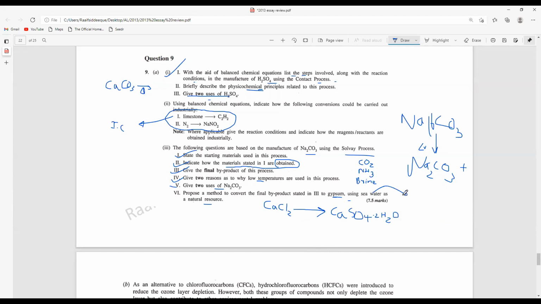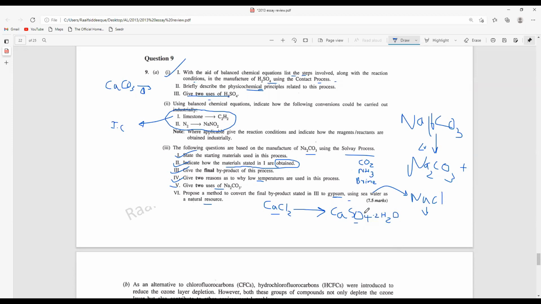The easiest way is when you have seawater, you first precipitate out NaCl, so there will be no sodium available. In the mother liquor you then have the sulfates, and when you add calcium chloride to the mother liquor, you will have gypsum forming.